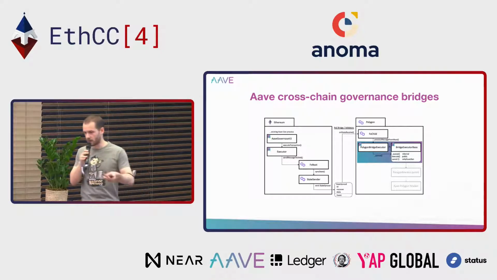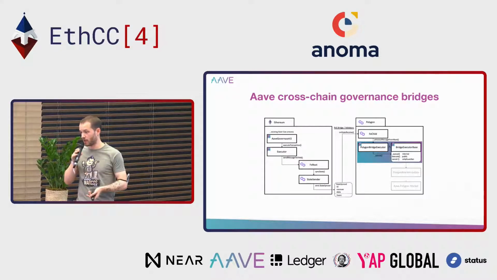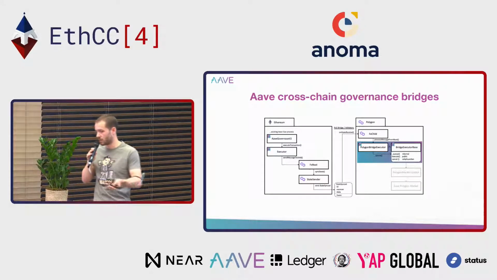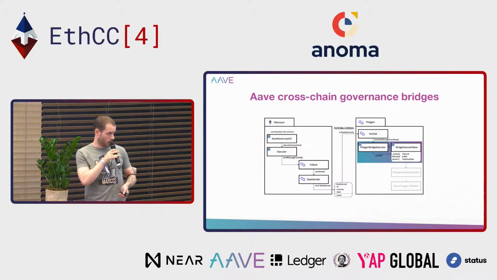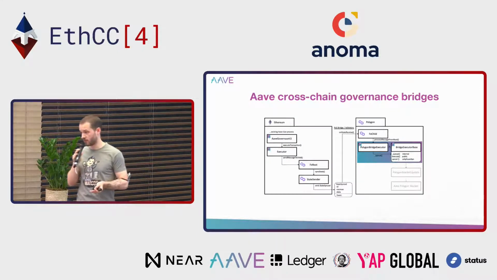So the idea is that you have the governance on L1, and as you probably know, it can execute whatever payload is needed after the decision is taken in a yes. So what we did is a specific bridge that receives some kind of message from the governance, an arbitrary message, calling whatever type of function.